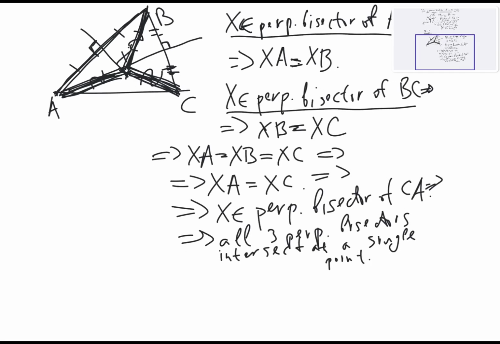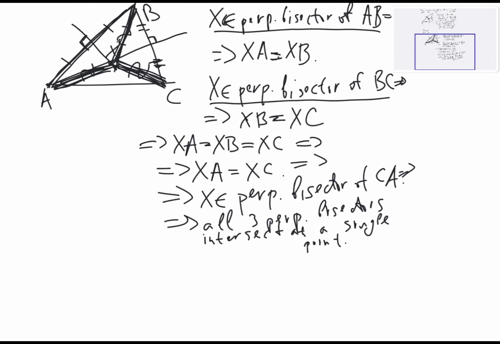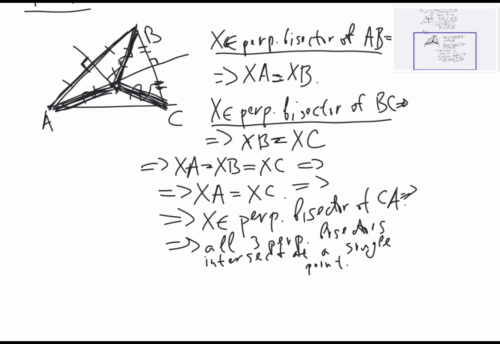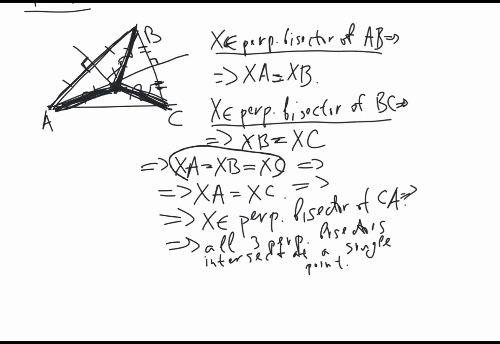So now, why is this point the circumcenter? Well, by definition, because we just proved that this point X has the same distance from all three vertices of the triangle, right? So XA is equal to XB is equal to XC.